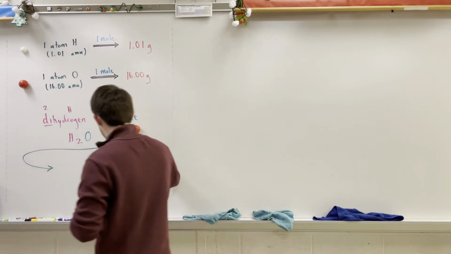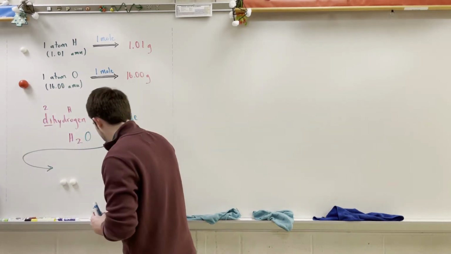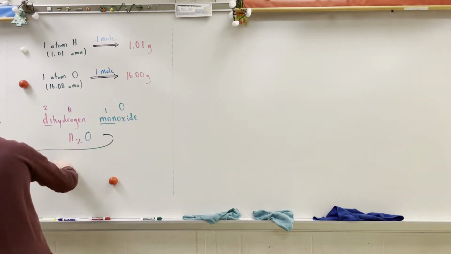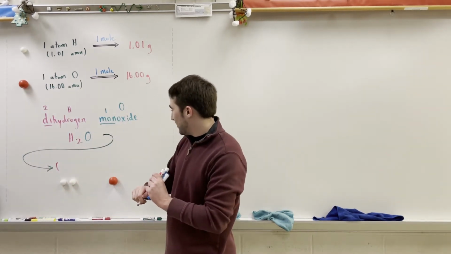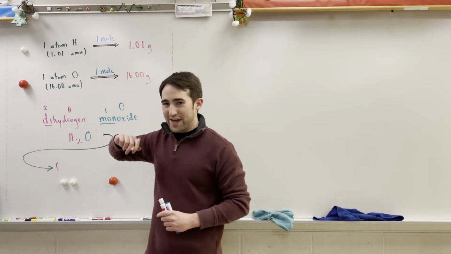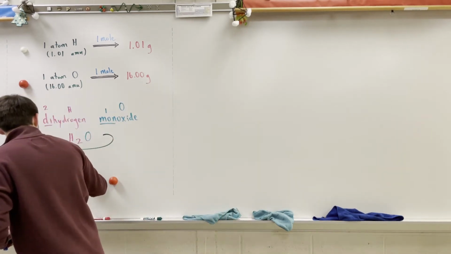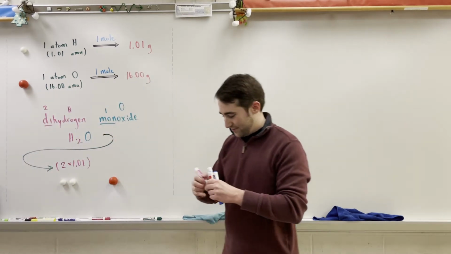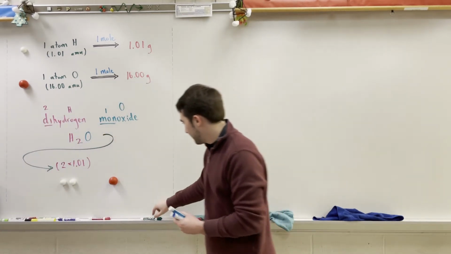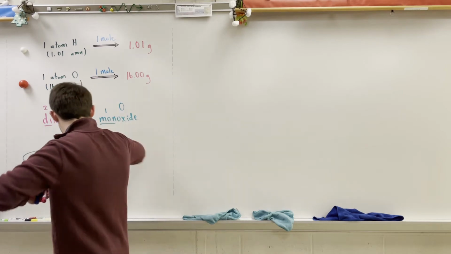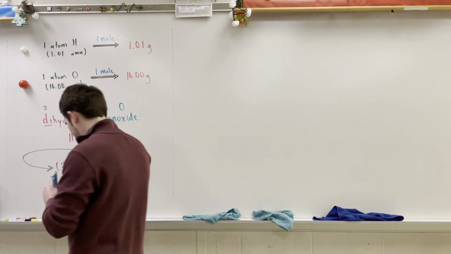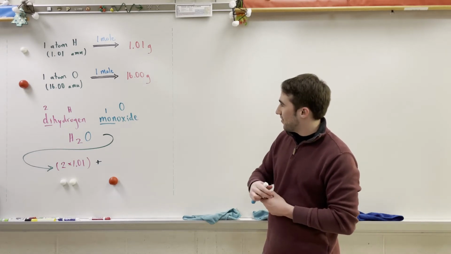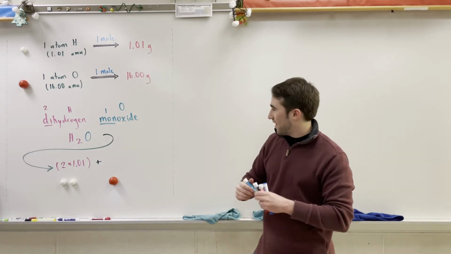So for 2 H's and 1 O, this will be 2 times my 1.01 AMU for my 2 hydrogens, plus one times my 16.00, which is for my oxygen.